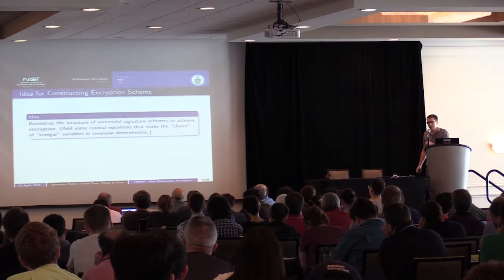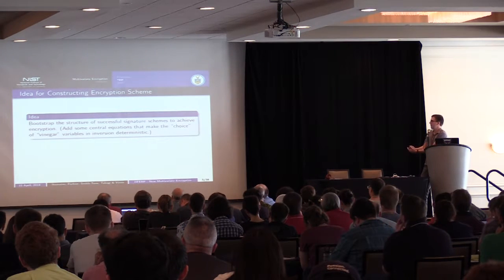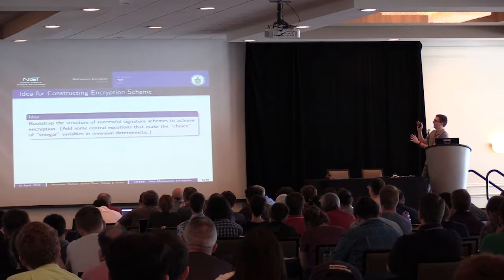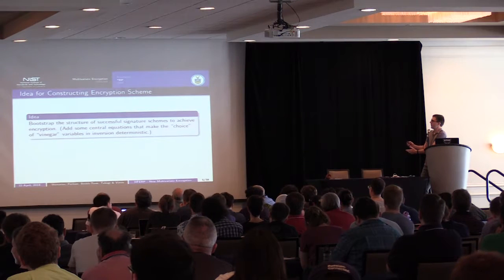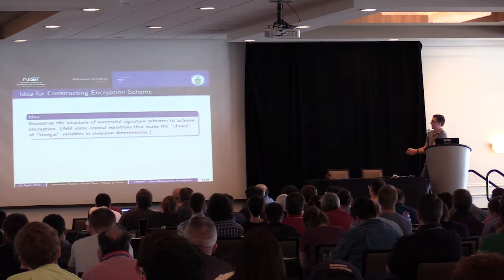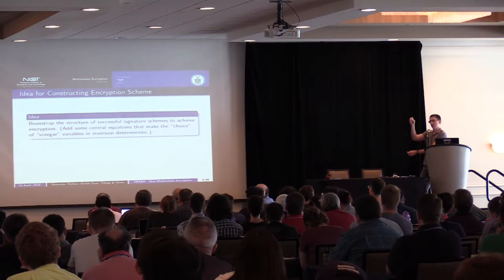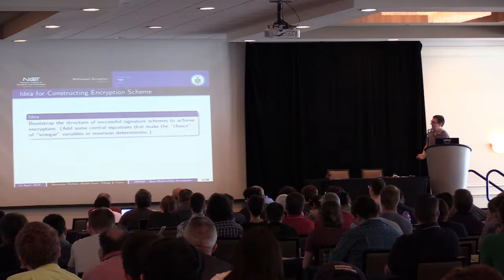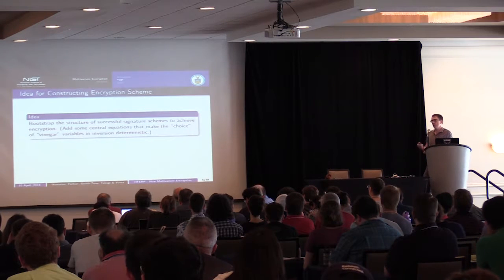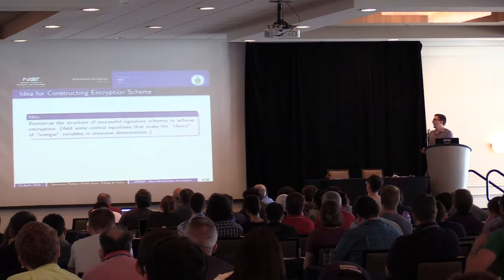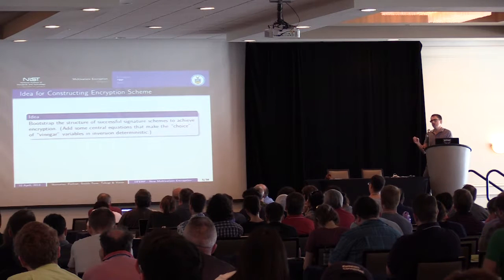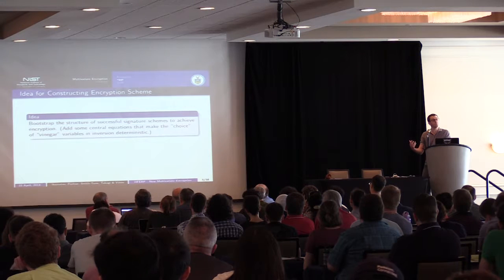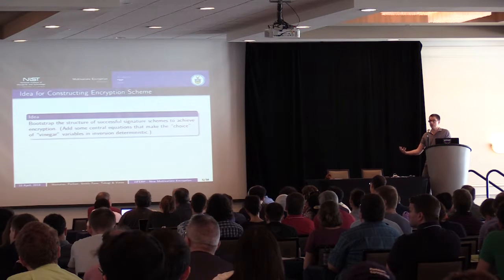Okay, so here is the basic construction of this class of schemes. This is not in the paper. I'm abstracting away. I'm calling these star RP schemes, where star just stands for plug in your favorite primitive here. The idea is to take a successful signature scheme that we know a lot about the security of. Most of these signature schemes have some point where you make a random choice of variables and then solve for other variables in terms of those.